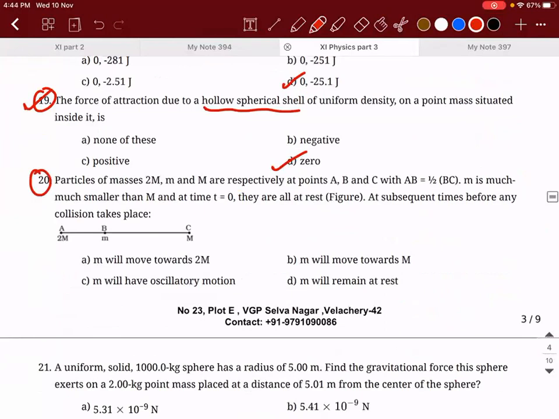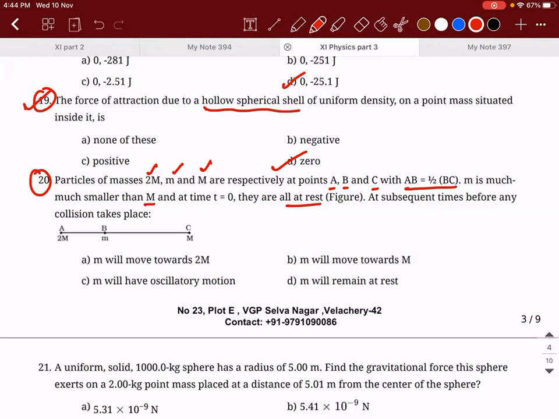20th. So particles of mass 2m, small m, and capital M are respectively at points A, B, and C, where AB is equal to half of BC. Small m is much smaller than capital M, and at t equal to 0, they all are at rest. At subsequent times, before any collision takes place, what are they asking? So how to solve this?